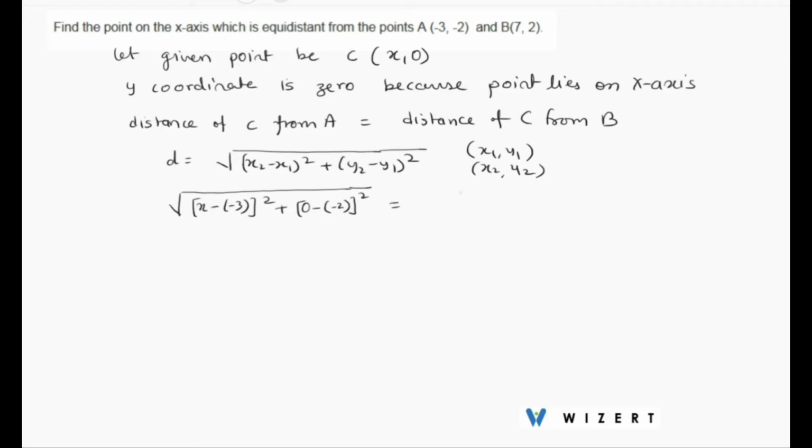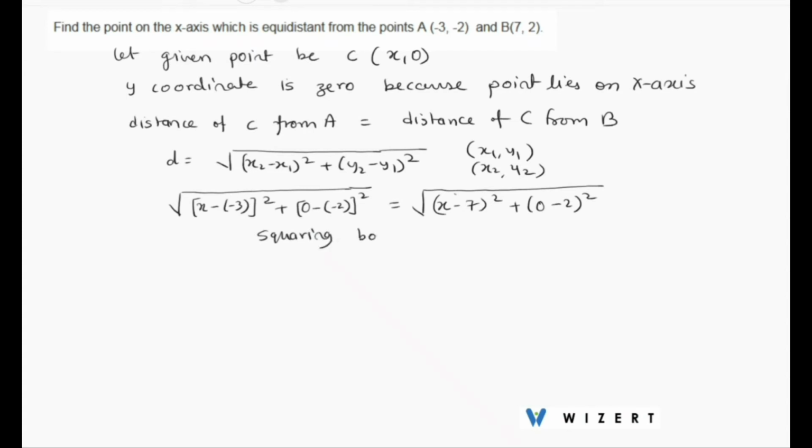This should be equal to under root of (x minus 7) square plus (0 minus 2) square. Now since both are under square root, let's take square on both sides.